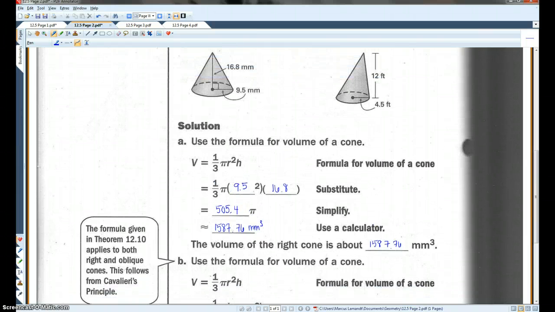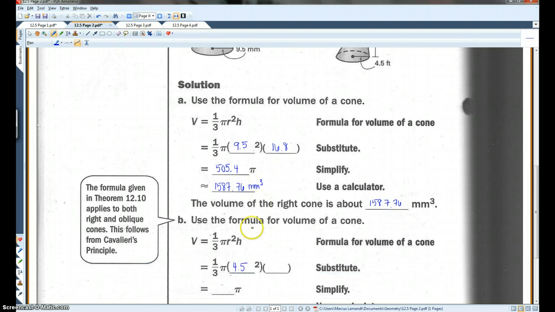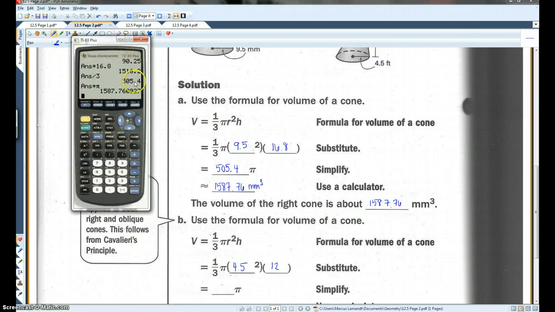1/3 pi r squared h. R in this case is 4.5, and the height is 12. Okay, pull out the calculator again. 4.5 squared times 12 divided by 3.